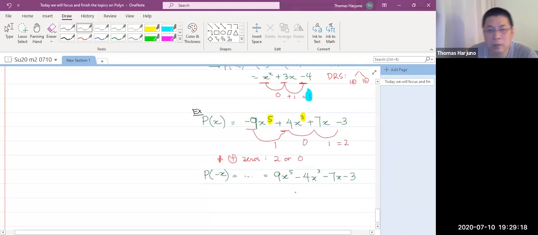How many times do the signs change? It's one time here, no time here, no time here. So the number of negative zeros for sure is only 1.